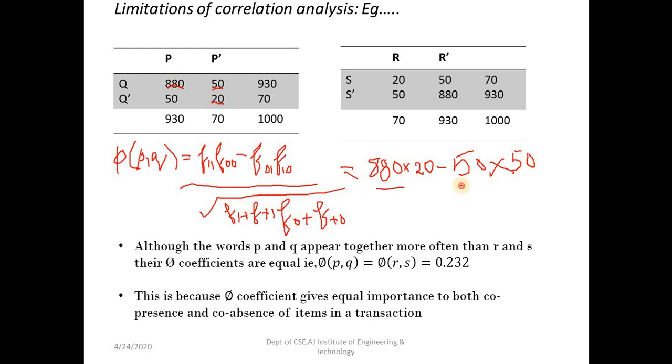Divided by square root of f1+, that is 930, into f+1, which is again 930, into f0+, which is 70, into f+0, which is again 70.